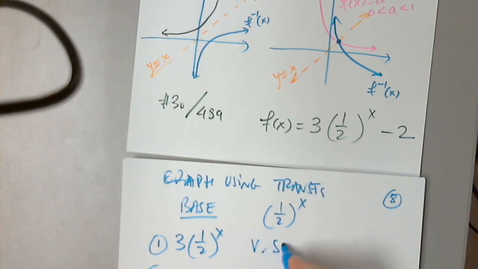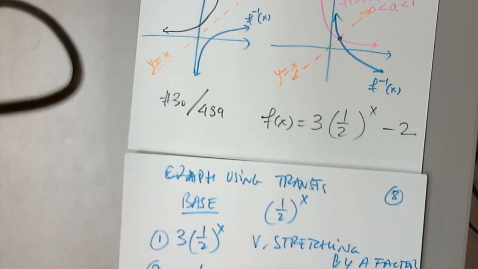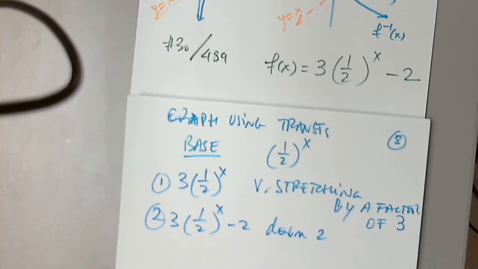Very good. Now, obviously, 3 times 1/2 to the x minus 2. What does this do? Yes, absolutely. Perfect. So down 2.